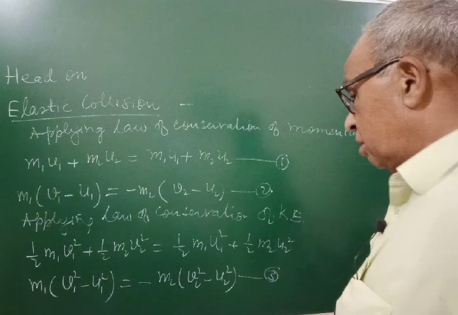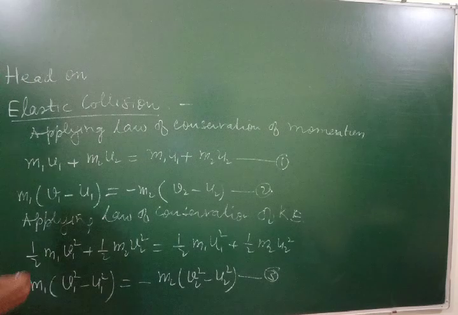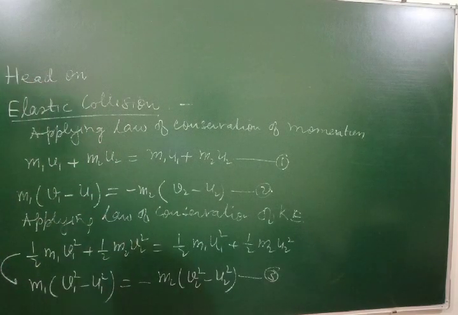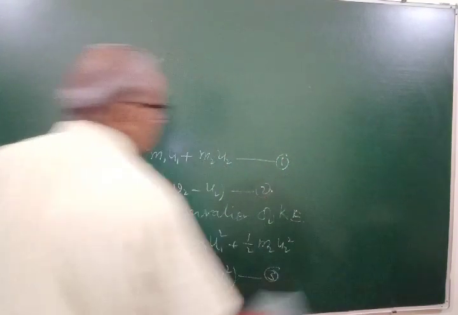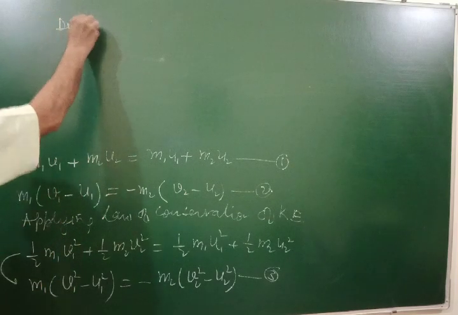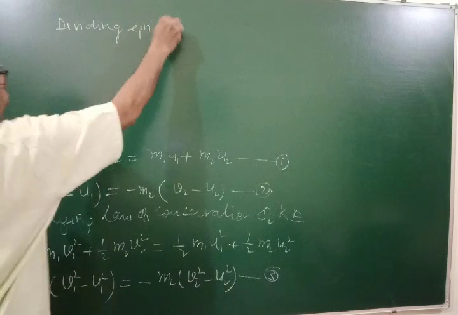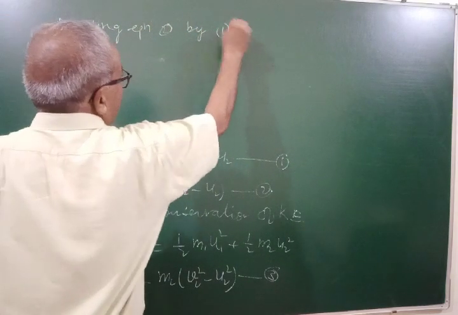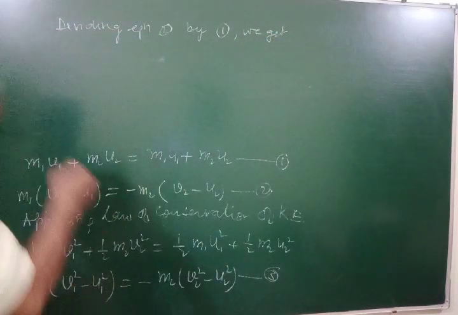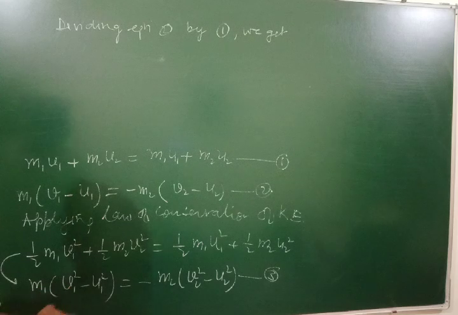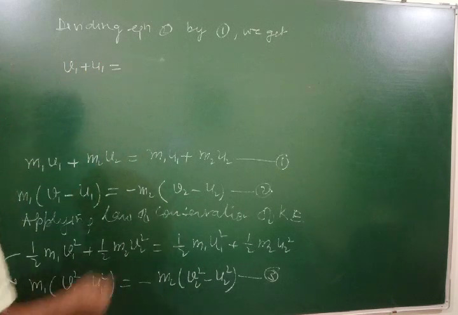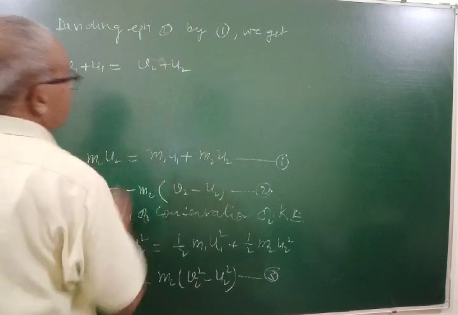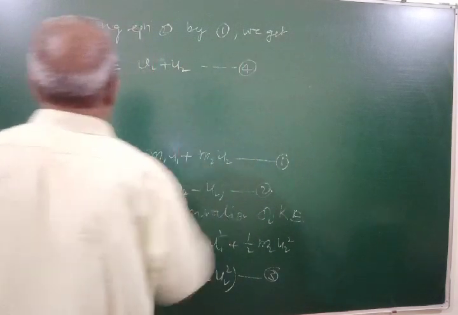So dividing equation 3 by equation 2, because it is v1 minus u1 into v1 plus u1, m1 cancels, so we get v1 plus u1 is equal to v2 plus u2. Equation 4.